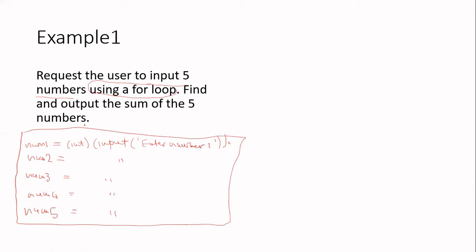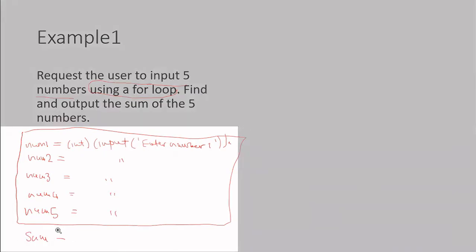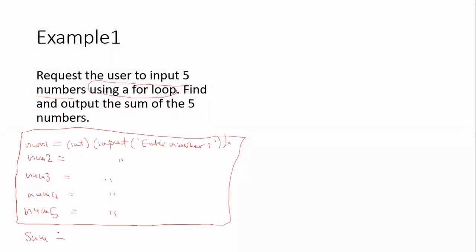And then it wants me to find the sum of the numbers. Well, if I did this, then the sum is simply equal to num1 plus num2 plus num3. But how would I do this using a loop? Because I need 5 numbers, I want the loop to run 5 times.